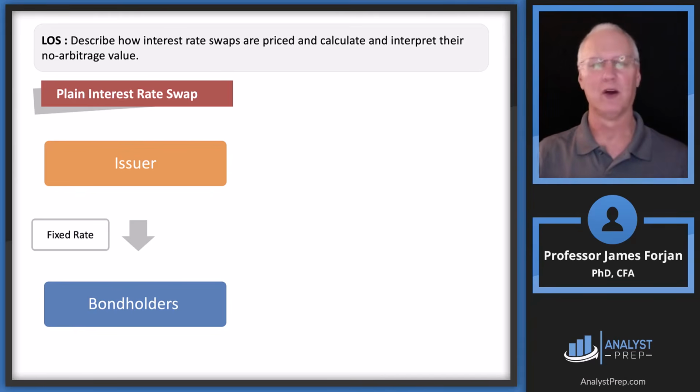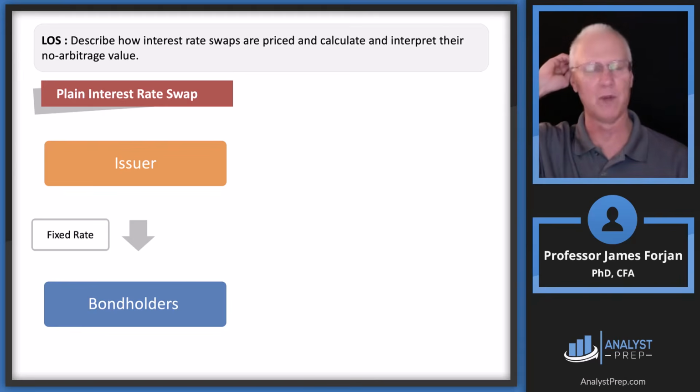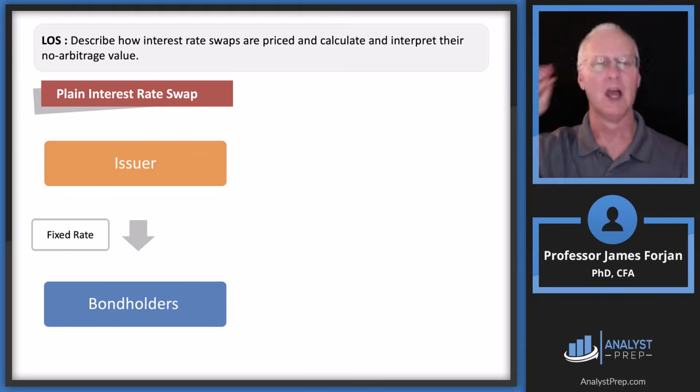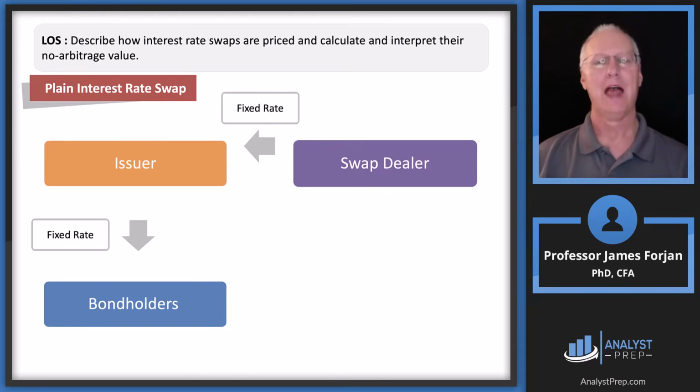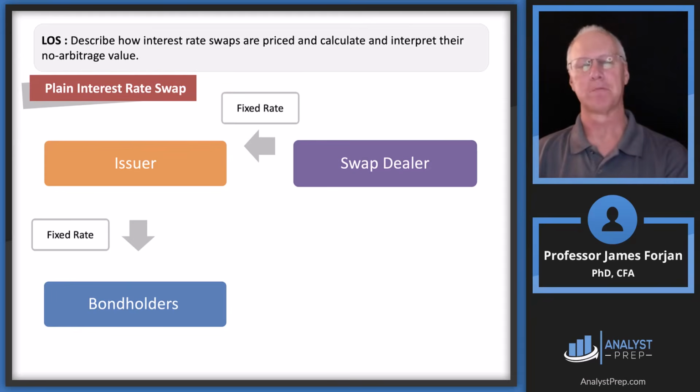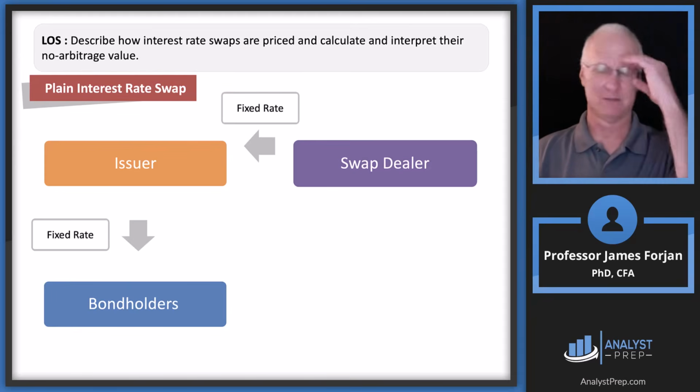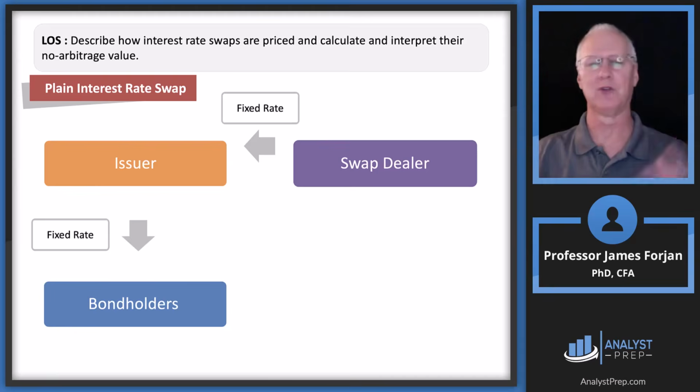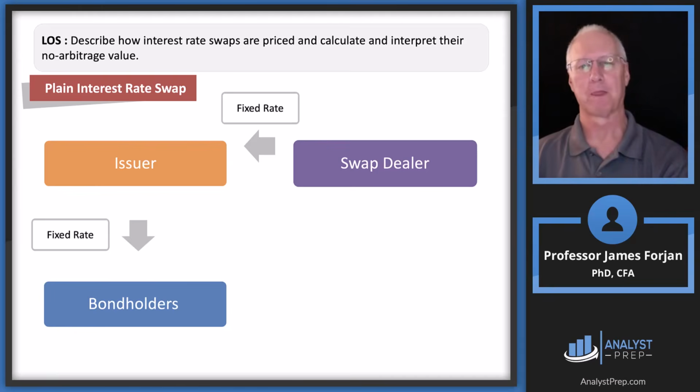But of course, there are derivative markets out there that are going to help us solve the problem. So in order to hedge this interest rate risk, why don't we pick up the phone and call a swap dealer, and let's ask the swap dealer. Now remember, this swap dealer is just some huge financial institution, like Jim's financial institution.